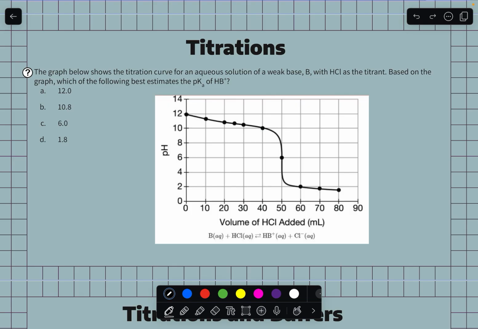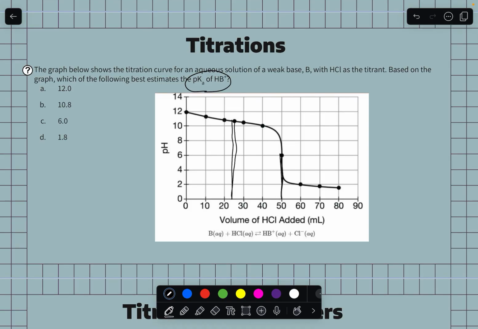Remember that pKa is at half of the equivalence point. So if our equivalence point is at 50, our pKa is going to be halfway. That's going to be at 25. So our pKa there is at 11. So 10.8. Right?